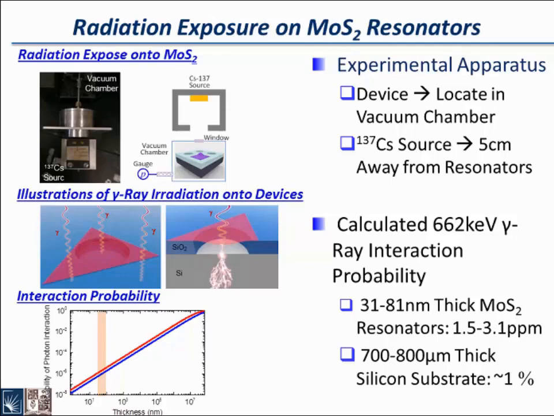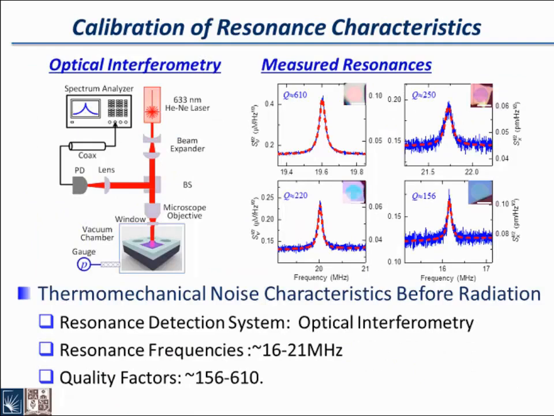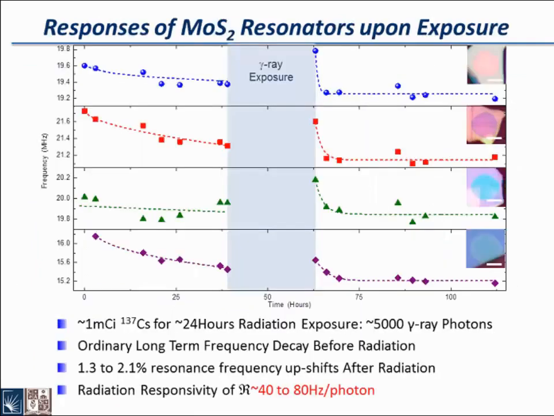And before the experiment, of course, we did some calculation to allow us to predict. So this is a pre-radiation signal of 4 resonators on the same chip. And then upon radiation, because the density is very low, we radiate this device overnight for 24 hours.